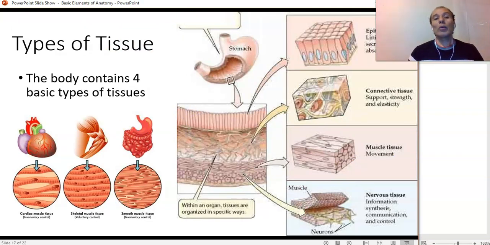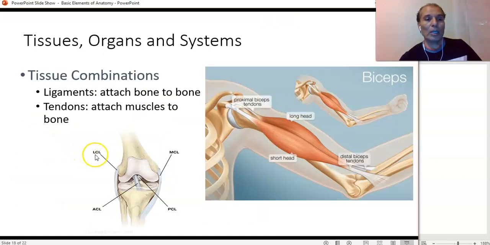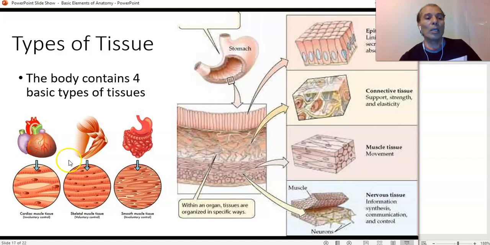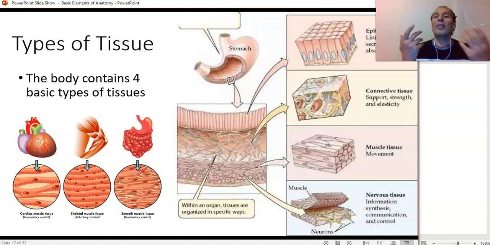So now we speak about some basic kinds of tissue. The body contains 4 kinds of tissue, and they combine in different ways to enable the body to perform its functions. So first kind is muscle tissue. I'm sorry, let's go in that sequence. Epithelial tissue. Epithelial tissue, or epithelium, lines the internal cavities of the body.